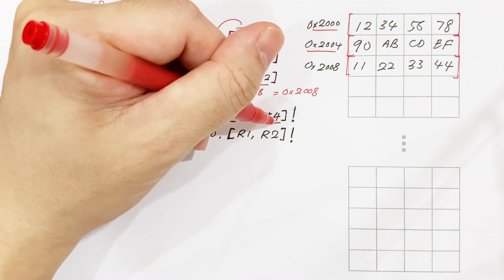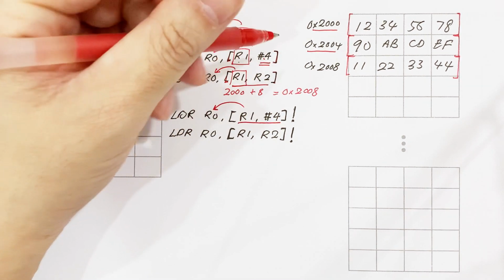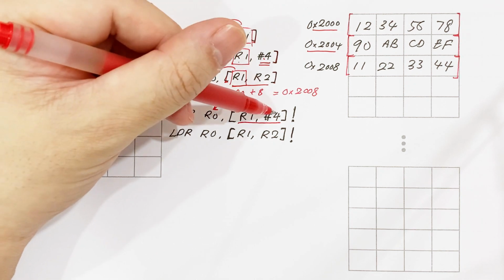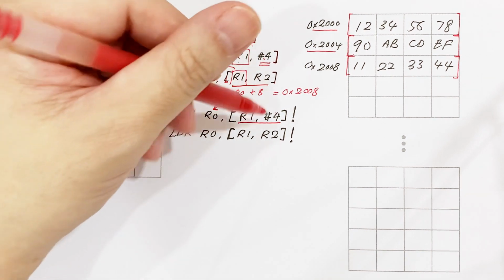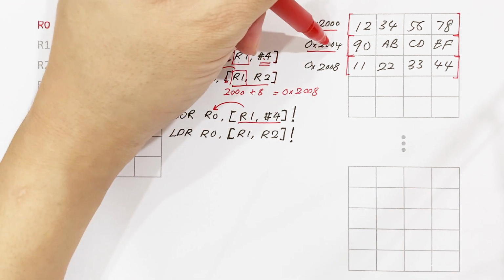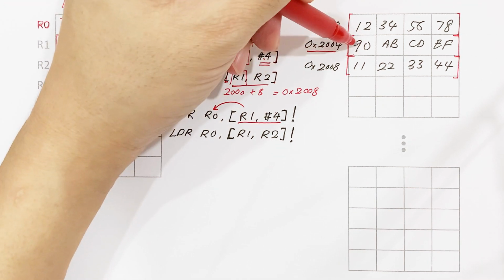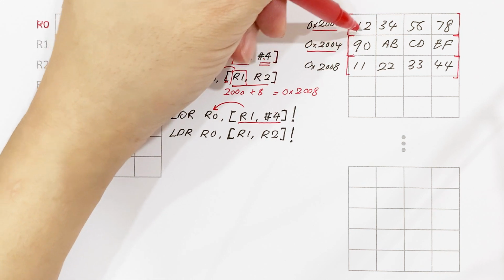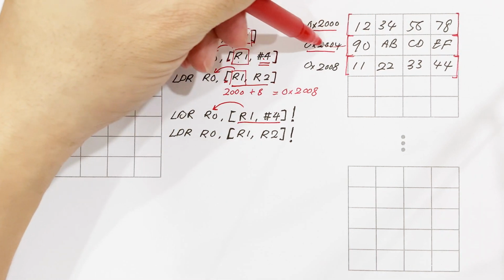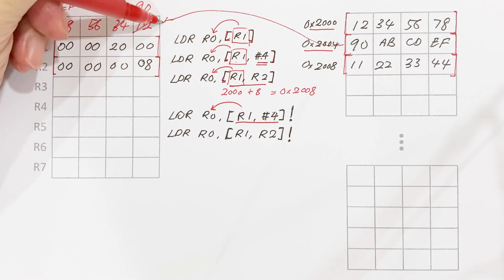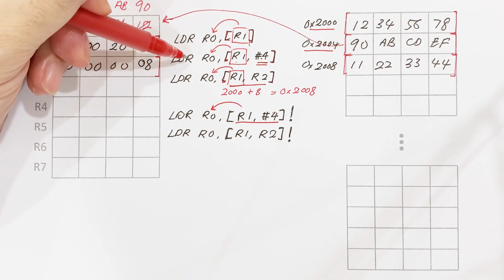The address is given by register 1 plus 4, as we did just now. So the address is 2004, and this is the data we're supposed to move, and we copy it to register 0 as we practiced just now.